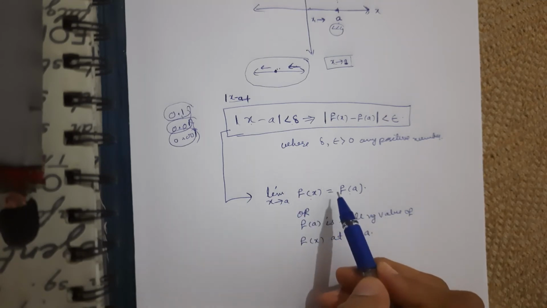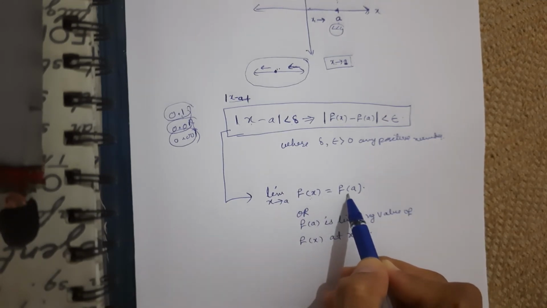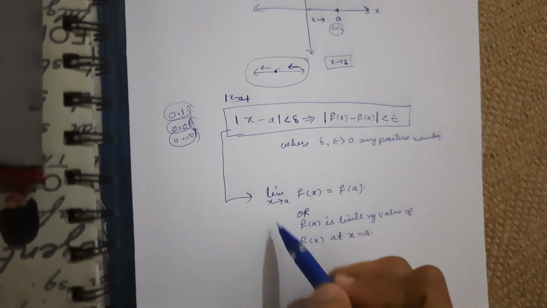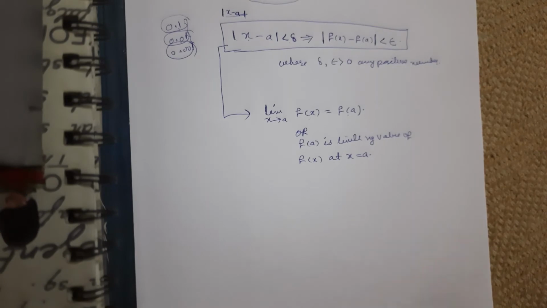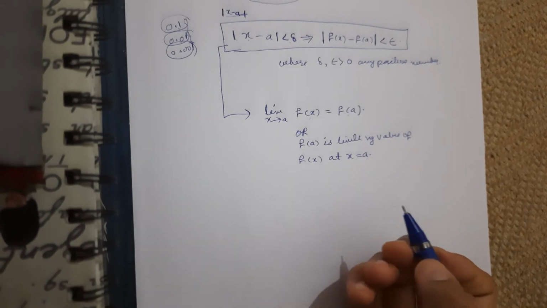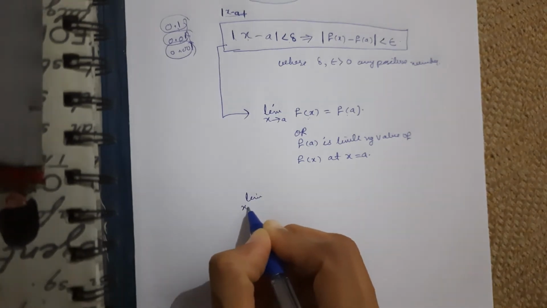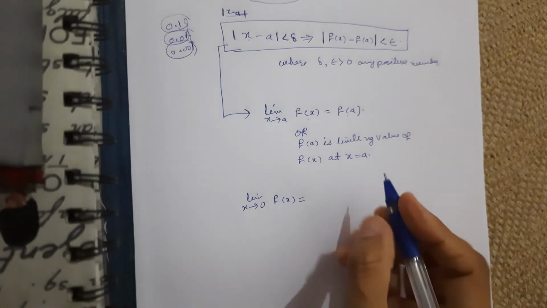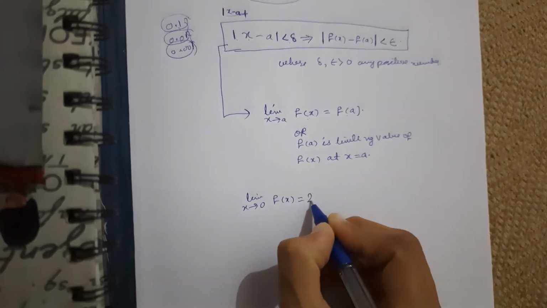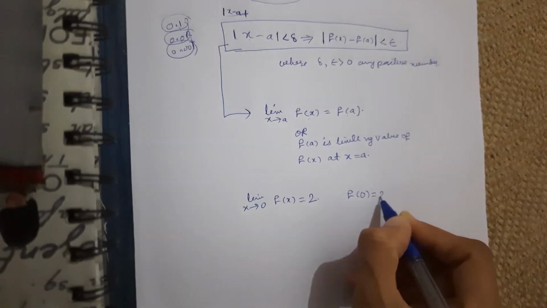We write it like this: limit x tends to a, f of x equals f of a. So this is called the limiting value of f of x. Now suppose I have two values: limit x tends to 0, f of x equals 2, and f of 0 equals 2.